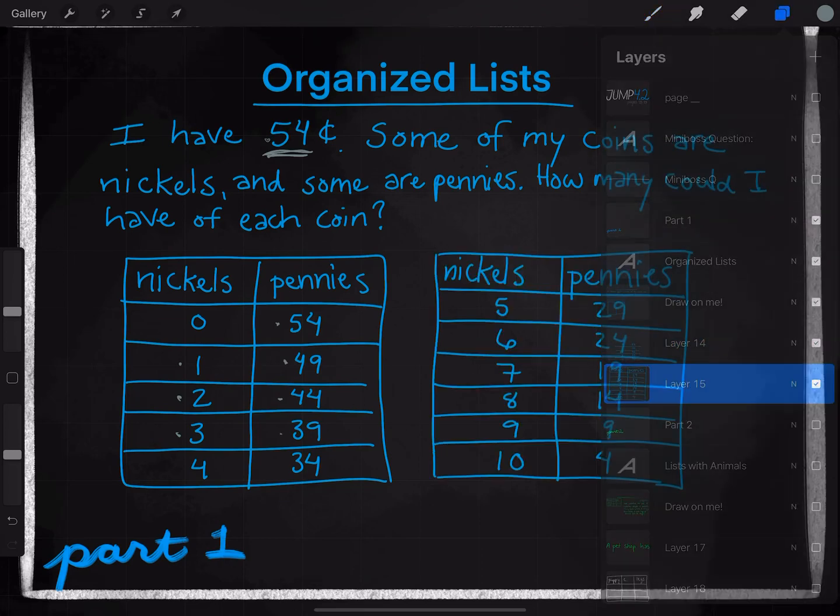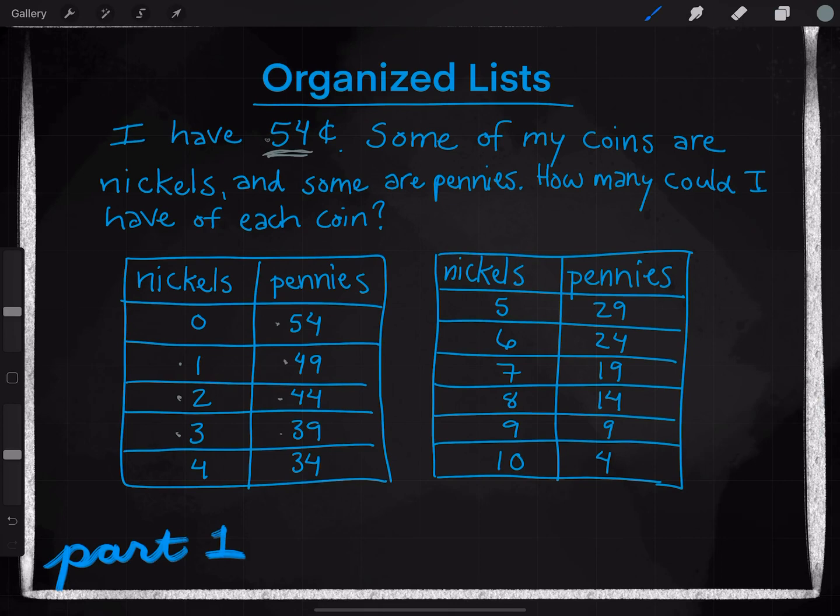This one's kind of long. So if you have 10 nickels, you'd have 50 cents in nickels, and then you only need 4 cents in pennies. So that is very similar to your book, but again, it won't have this long of a list. But that's with coins.